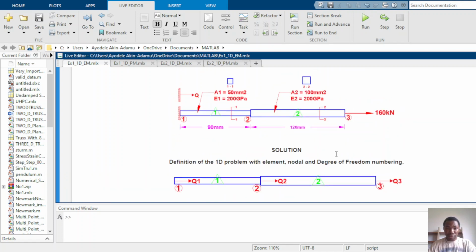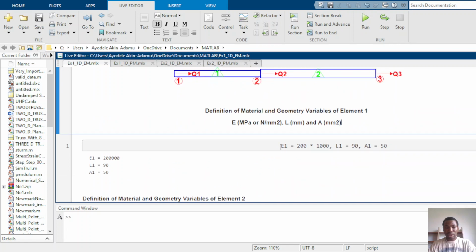For the first element, it is given that the cross-sectional area is 50 mm square. The Young modulus is 200 kPa, and the length of element 1 is 90 mm. So let E1 be my Young modulus for element 1, given as 200 times 10 power 3 Newton per millimeter square. L1 is the length of element 1, 90 mm. A1 is the cross-sectional area, 50 mm square.